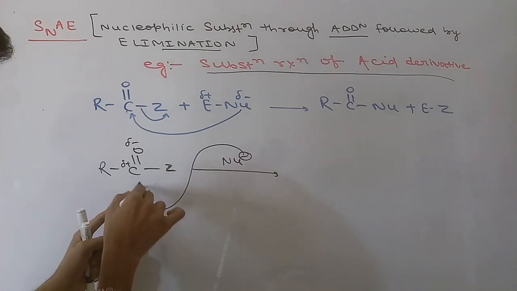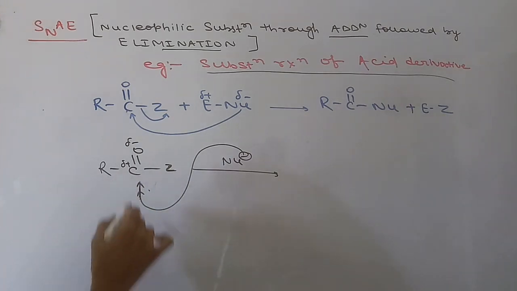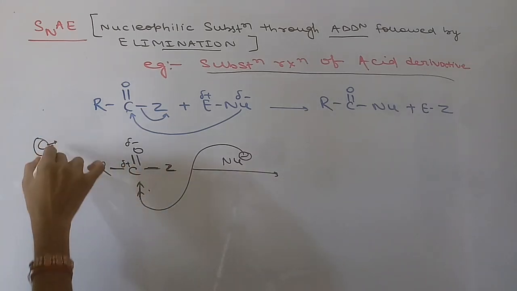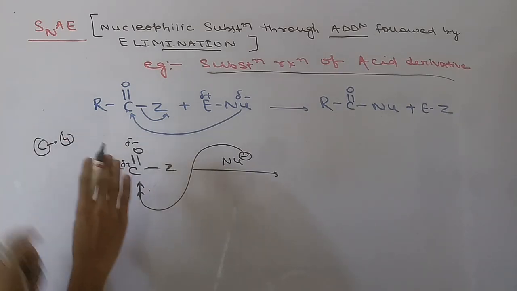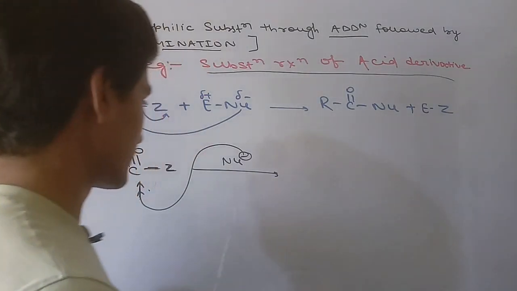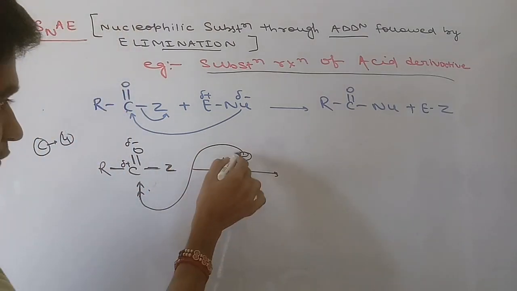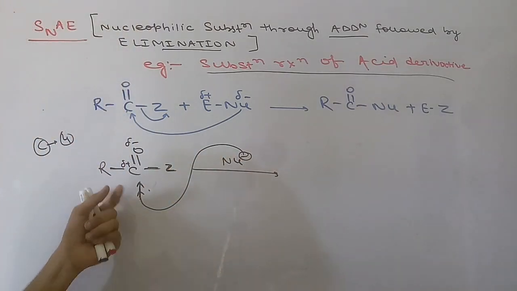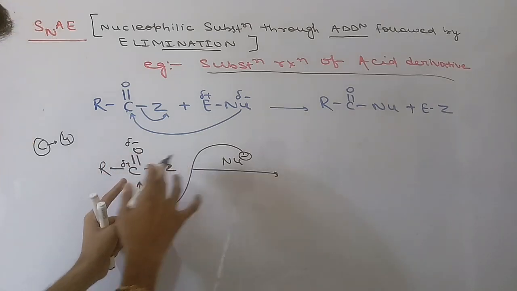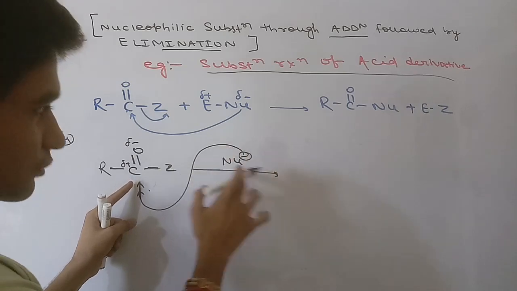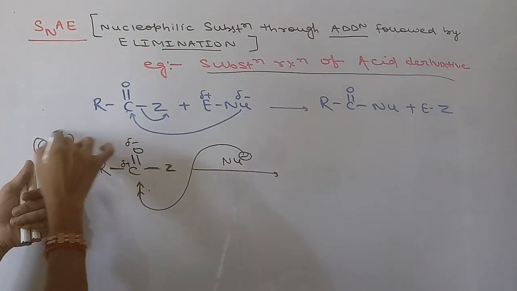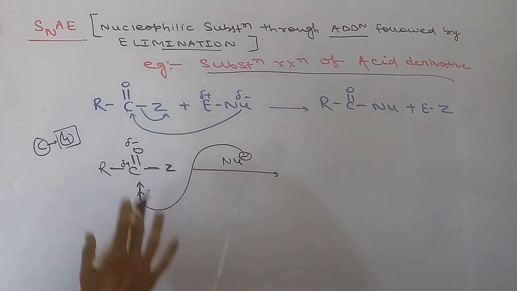If the nucleophile is going to attack this carbon, see, this carbon has 4 bonds, 1 2 3 4, and carbon can make only 4 bonds, not more than 4. If the nucleophile is attacking here, then there must be breakage of 1 bond so that this carbon can make a bond with this nucleophile. Carbon can make a maximum of 4 single bonds.